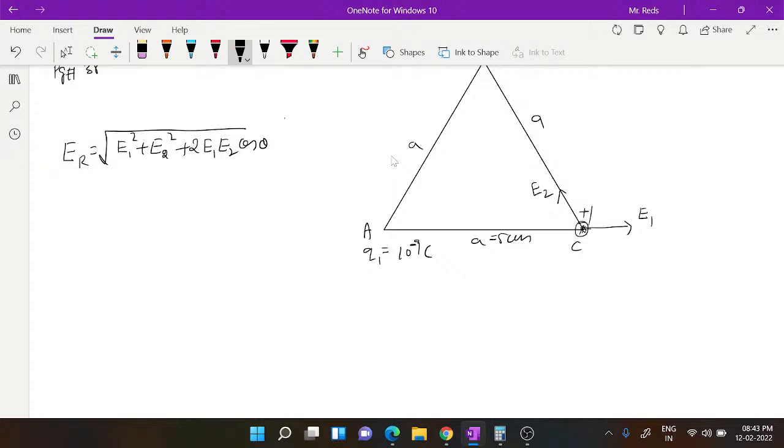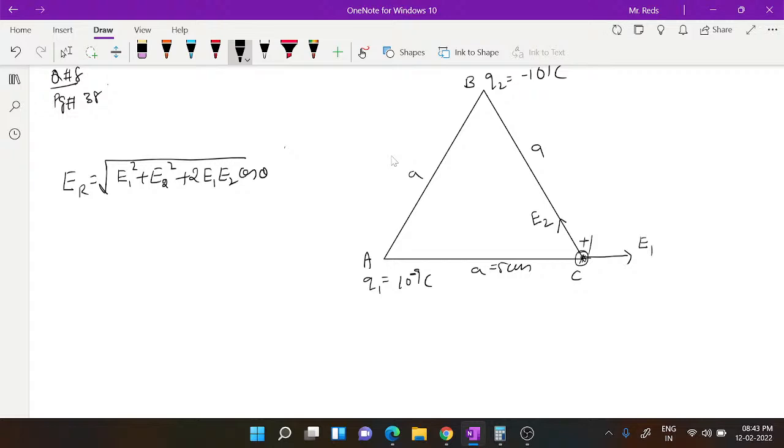Here, the electric field due to a single charge is E equal to KQ by R square. Here Q is 10 power minus 9 coulomb, which means 1 nanocoulomb, and R is this A. E2 is also equal to KQ by A square.